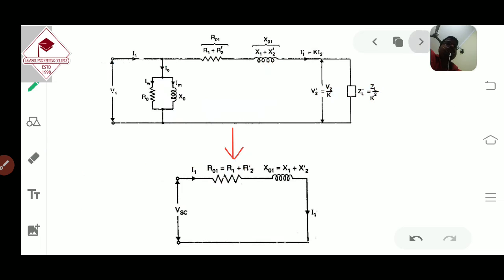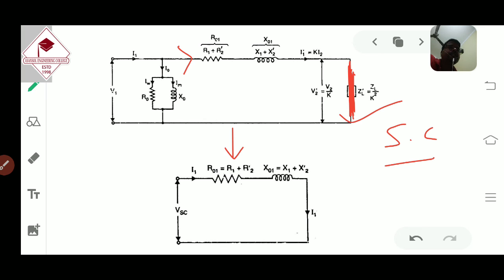Now let us proceed. See here, this is the equivalent circuit of the transformer as we have seen earlier. Since this is a short circuit test, at the load terminal we will short circuit it with a thick wire, so a huge current, that is the rated current, will flow through this.